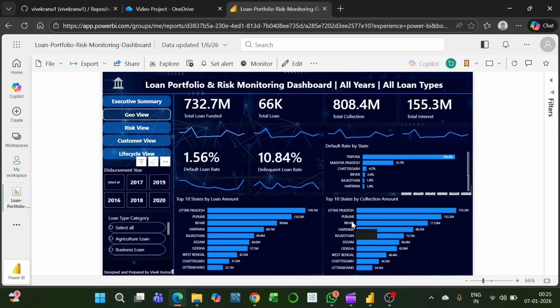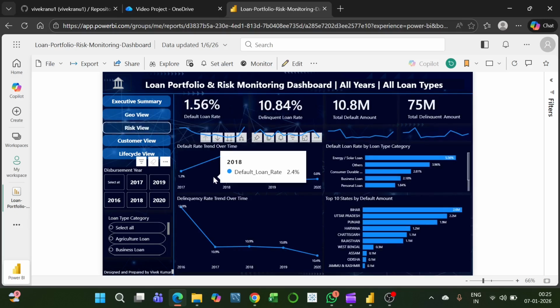States such as Bihar, Punjab, and Uttar Pradesh consistently appear among the top contributors to risk metrics. This information is extremely valuable for regional credit policy decisions, allocation of collection resources, and location-specific product strategies.